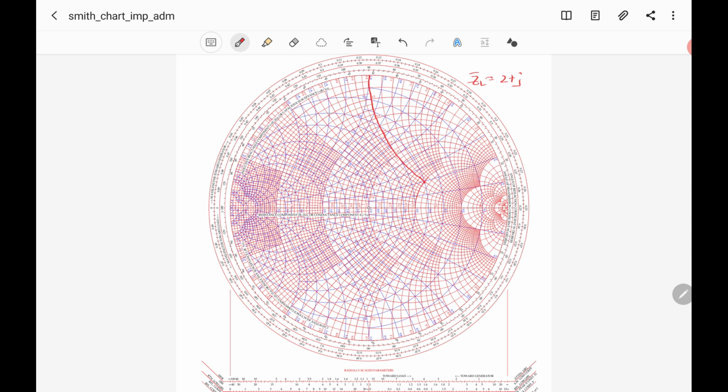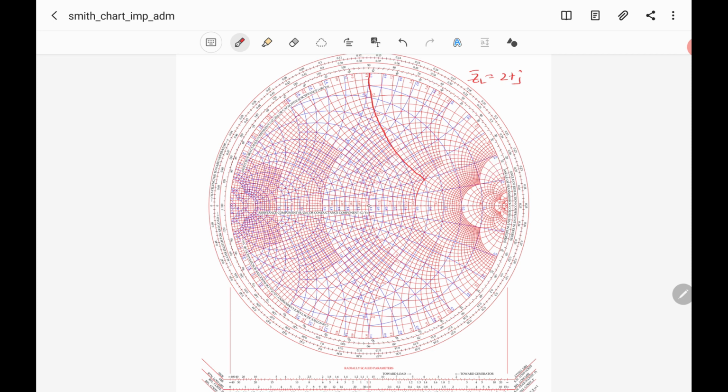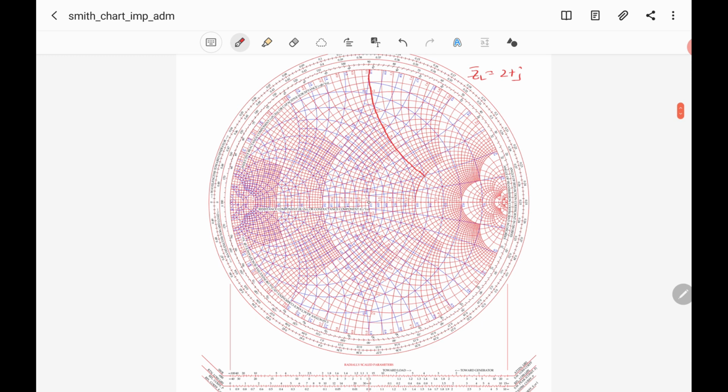Because this chart has admittance information, we can read this value and this value, so that we get YL is 0.4 minus j0.2, right?